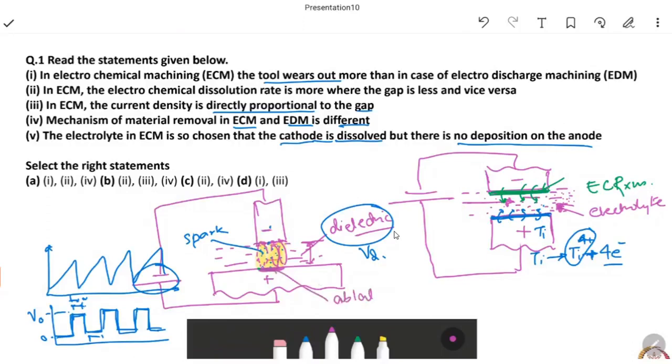material ablation. Here we had seen only dissolution or oxidation, and here we see ablation.